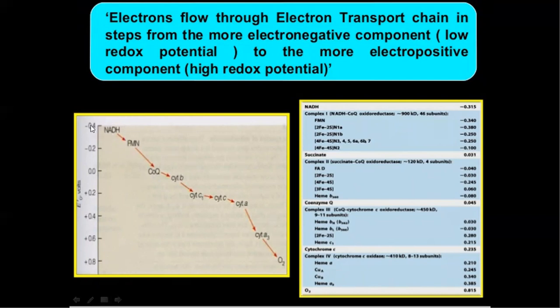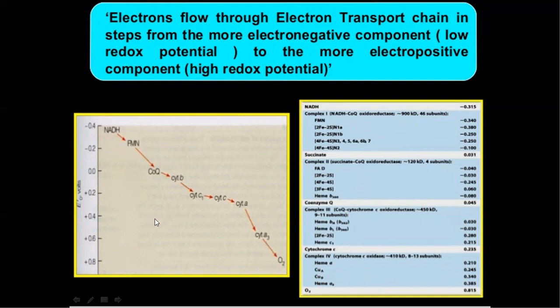Electron transport starts from NADH, which has lower redox potential values, and ends with oxygen, which has higher redox potential values. Electrons pass from NADH to FMN, then coenzyme Q, cytochrome B, C1, C, A3, and finally reach oxygen, which is useful for oxidative phosphorylation.